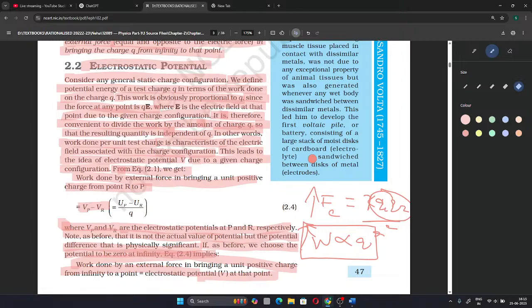It might be a positive or a negative charge. Let's just take it as a charge Q, like in the earlier cases where the main charge was capital Q. That is a static charge configuration.